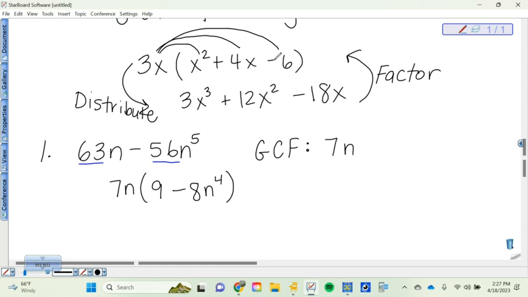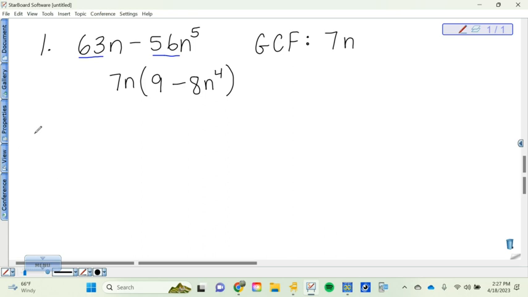Okay, so let's get another example. Negative 42x cubed minus 12. What's our greatest common factor? 6.